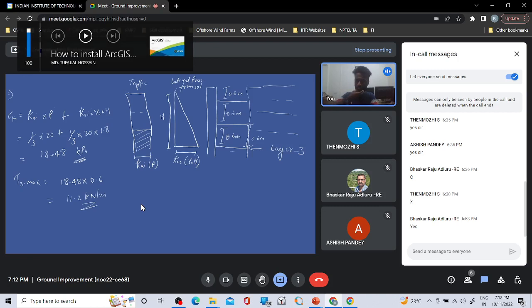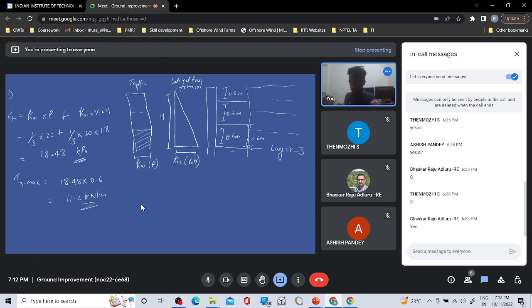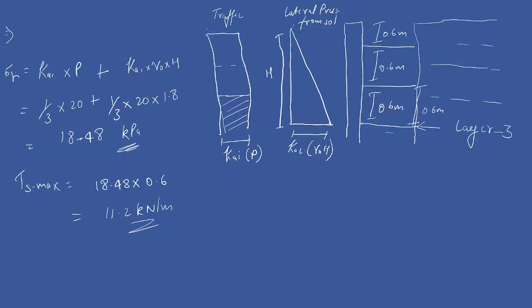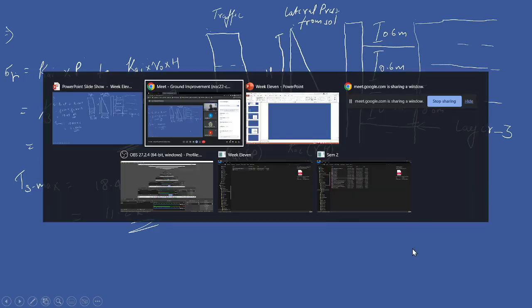Any query in this, guys? Means you are calculating this Ki P pressure here, then Ki gamma naught H pressure here, then these two pressures you are multiplying with the whole tributary length to get the tensile force. So this pressure you will distribute throughout the tributary length.